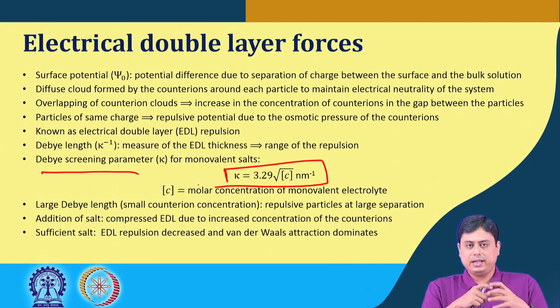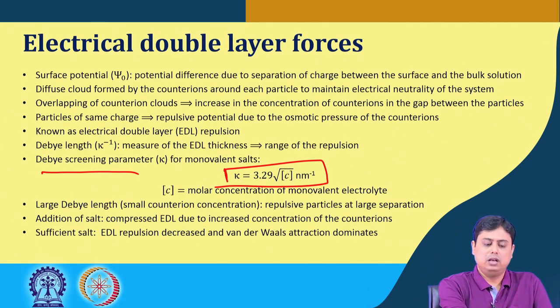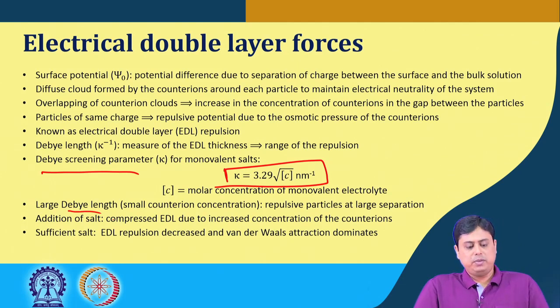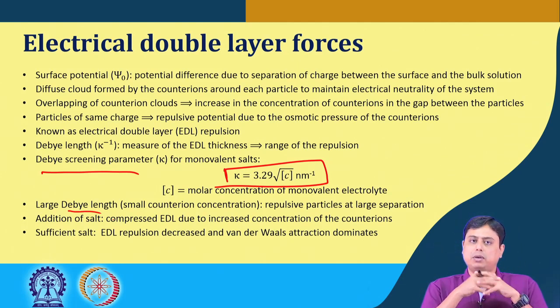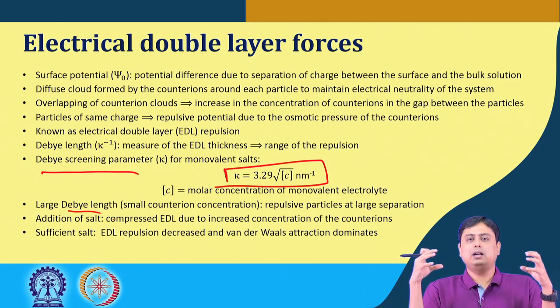So, the concept here is that when this Debye length is large, which means we have a small concentration of the counter ions around the particles, the particles are repulsive at a larger distance.